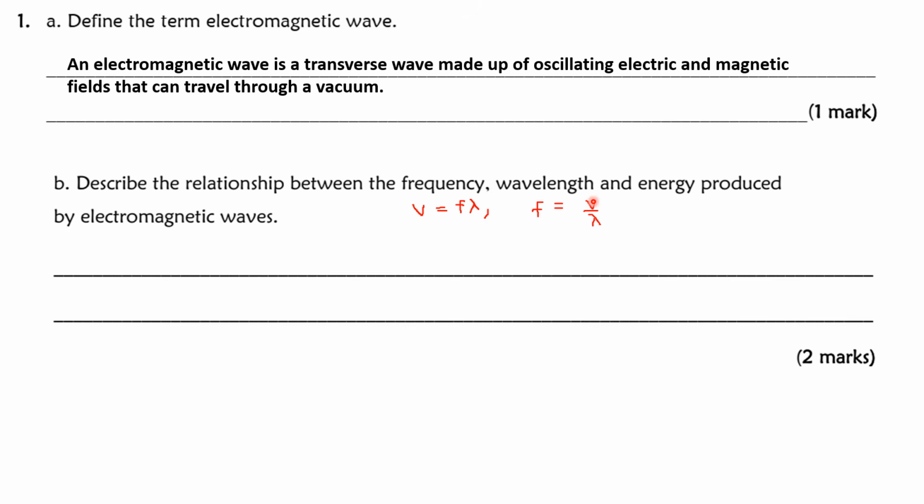if v is kept constant, it means that f and lambda are related, but then the examiner is asking us to describe that relationship. So if v is constant, it entails that frequency of a wave is inversely proportional to its wavelength.